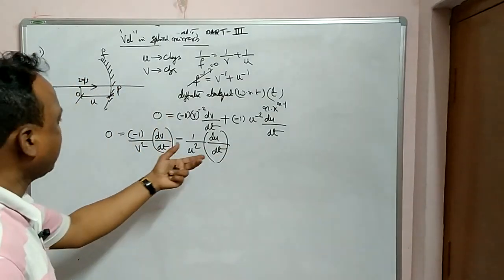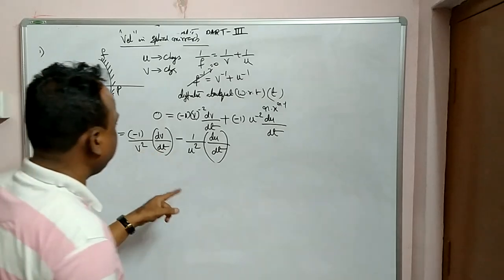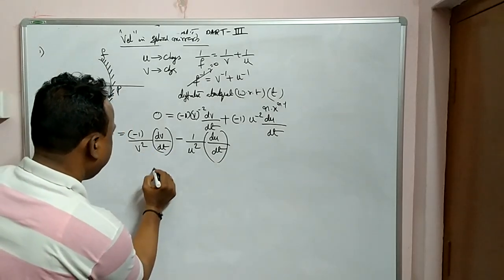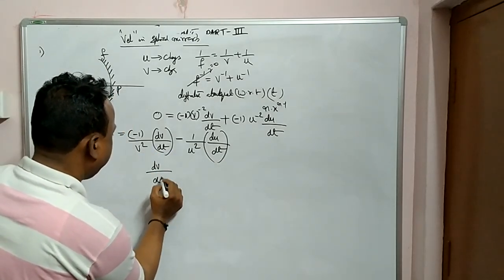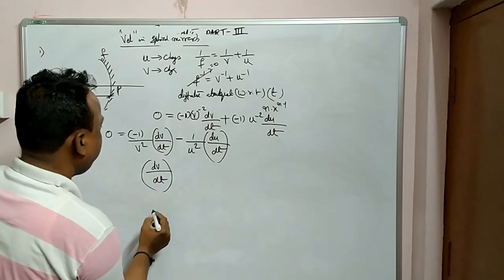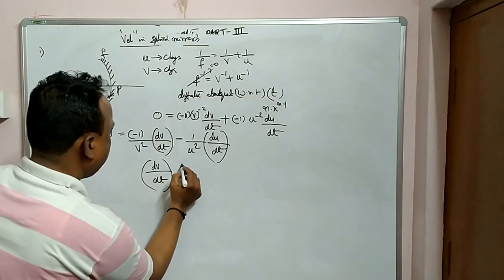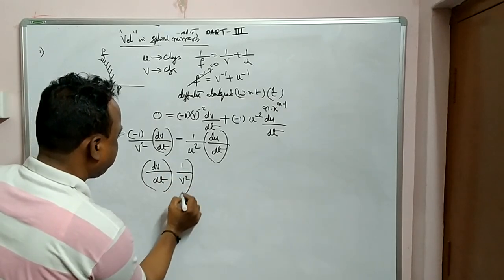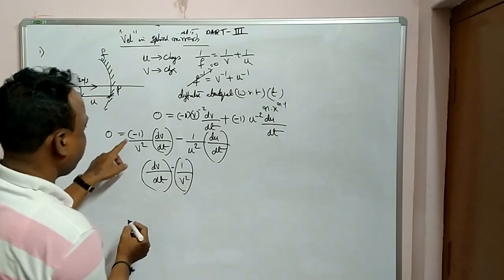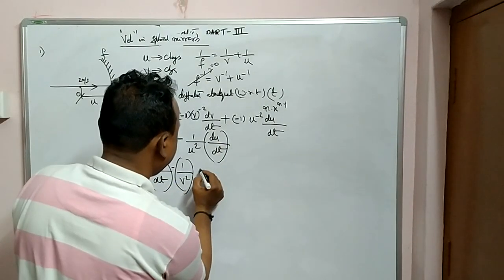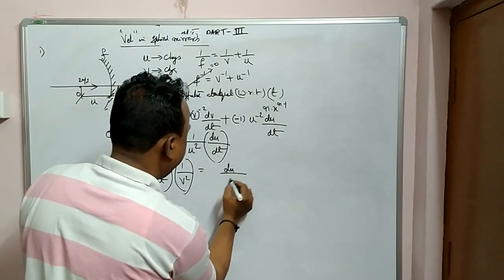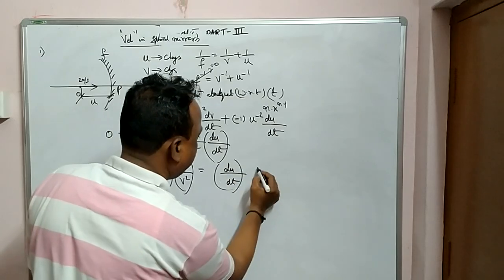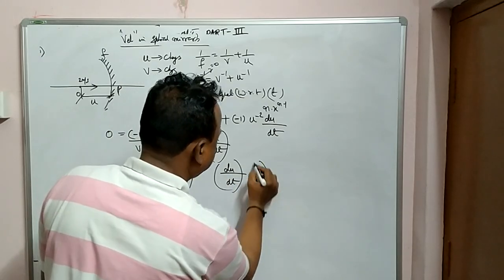Now what I'll do, this one I'll take to this side and this to other side. అప్పుడు ఏమవుతుంది, ఇటు పక్క తీసుకొచ్చేస్తే dv by dt, okay, that is 1 by v square, minus is there, and this take to that side, du by dt into 1 by u square.